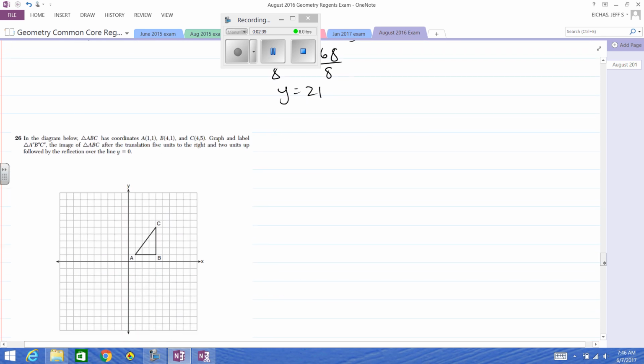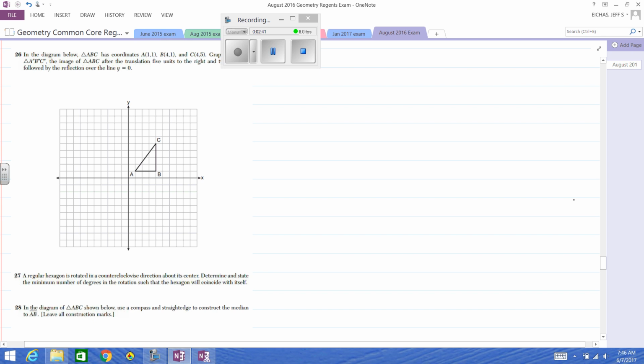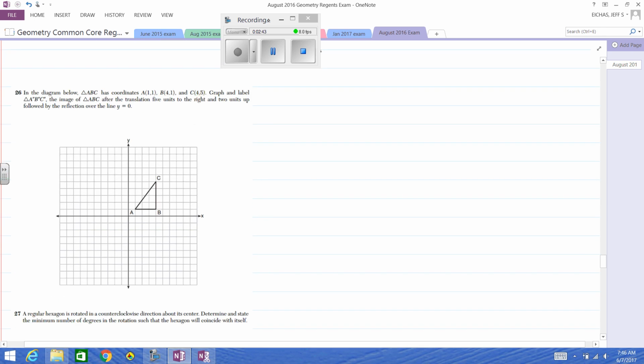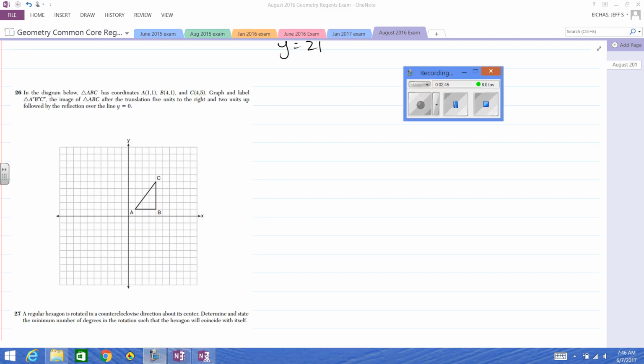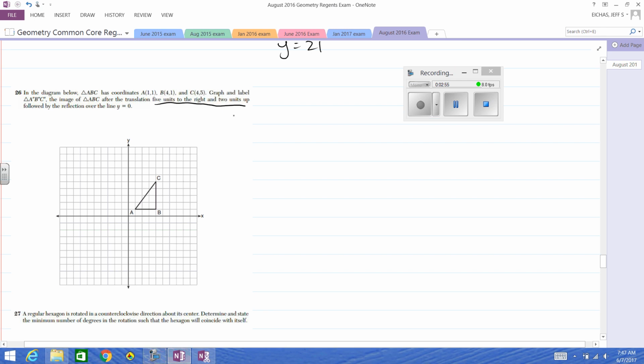All right, next one. Let's see. We're just going to perform what looks like a sequence of transformations. So translate 5 right, 2 up.